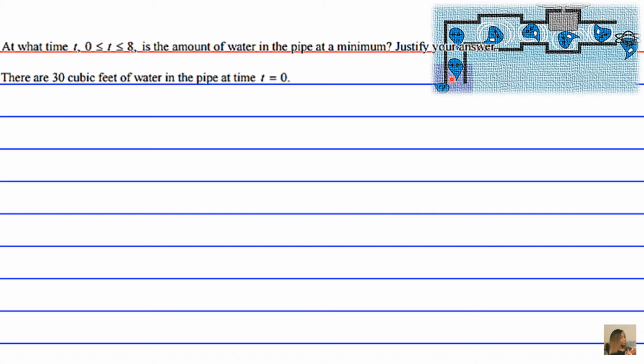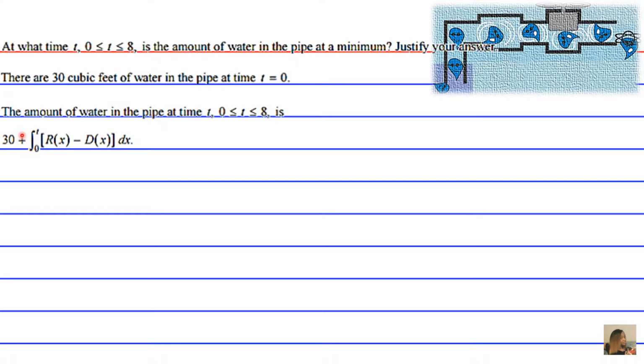And next, you're going to set up your integral expression for the minimum. So the amount of water in the pipe at time t, our mystery time that we don't know yet, is going to be 30 because this is how much we start with. So we have to incorporate it in order to correctly find out the minimum value.